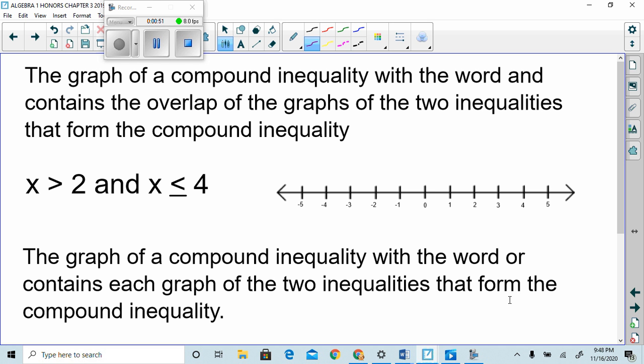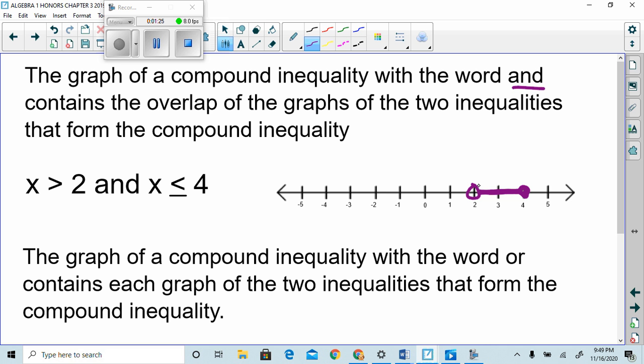The graph of a compound inequality with the word and contains the overlap of the graphs of two inequalities. It would be x is greater than 2, so again, x is greater than 2, so I have an open circle, and x is less than or equal to 4, closed circle at 4, shading in between. This is the overlapping of these two inequalities, and it has these boundaries.